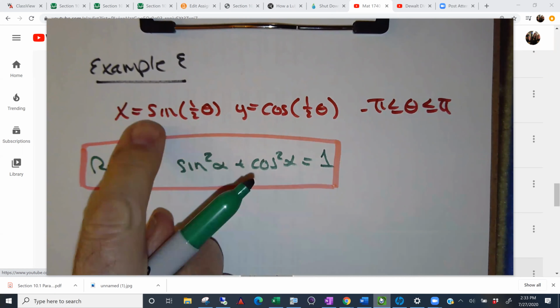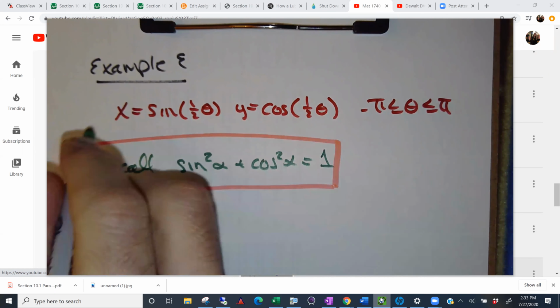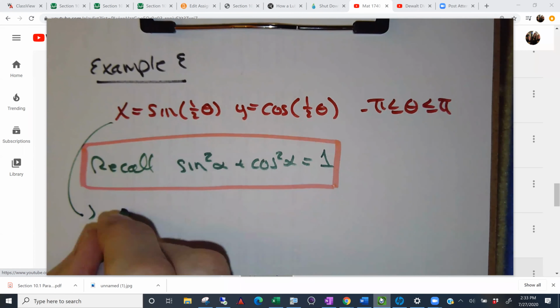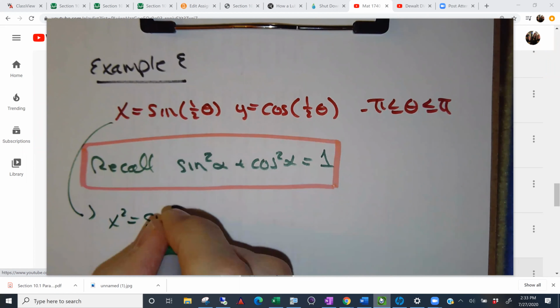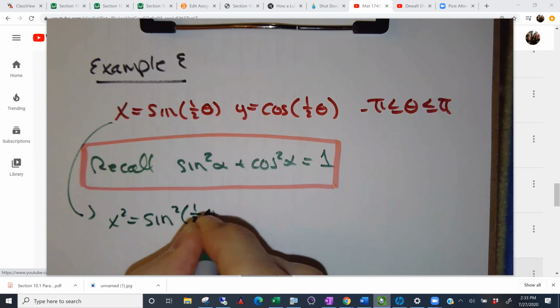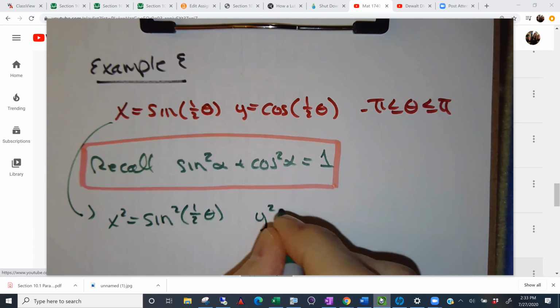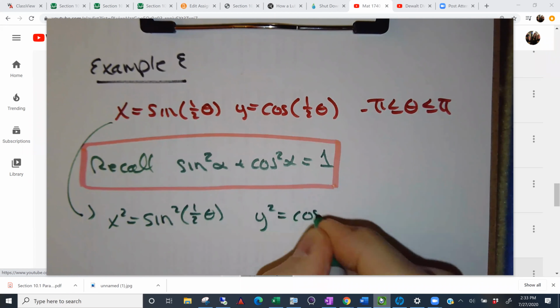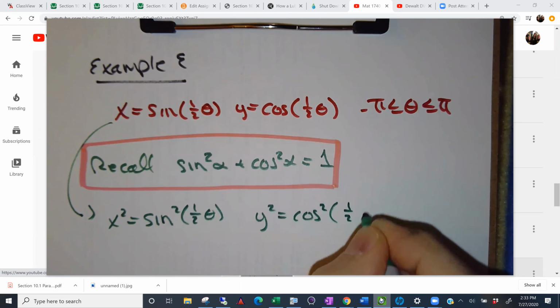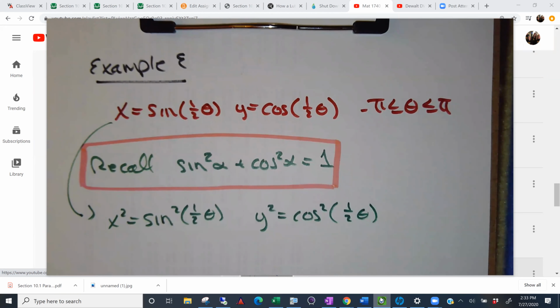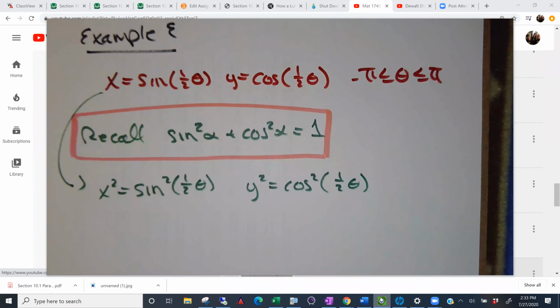So what I can do is square both sides of this and get x squared equals sine squared of 1/2 of theta, and y squared equals cosine squared of 1/2 of theta. Are you squaring them? I'm squaring both sides.